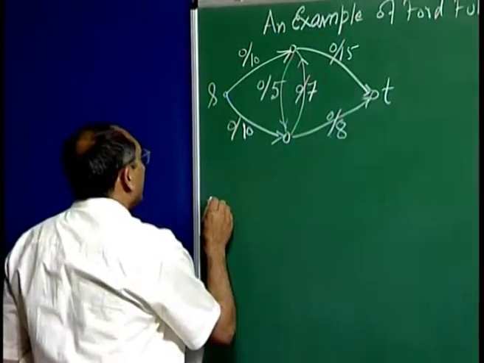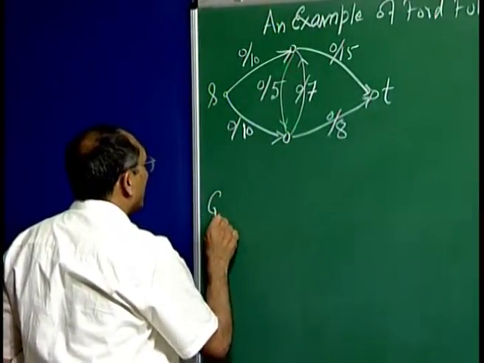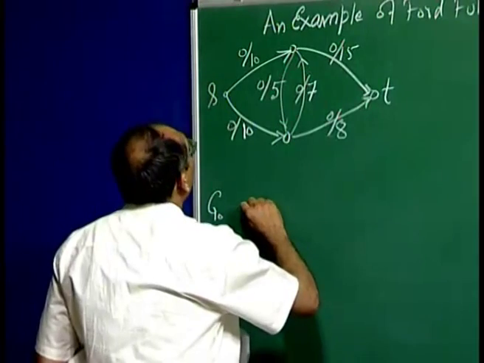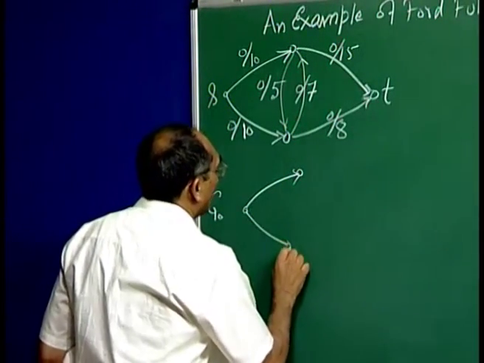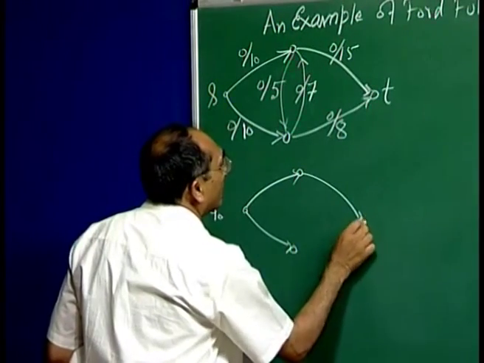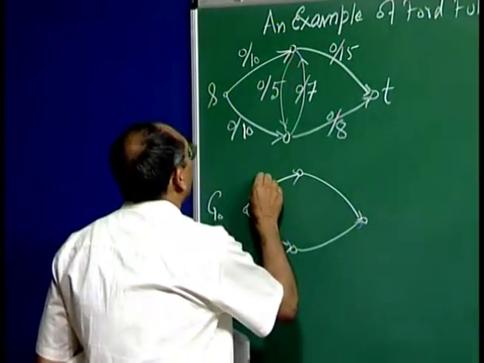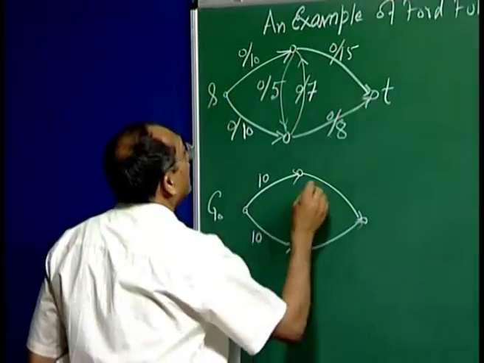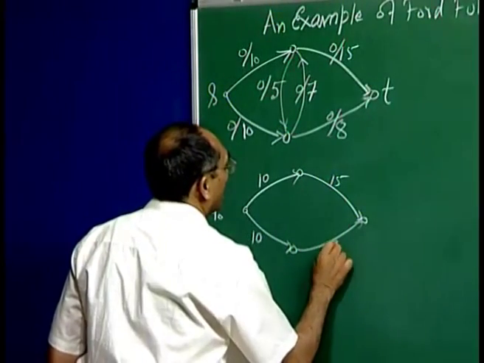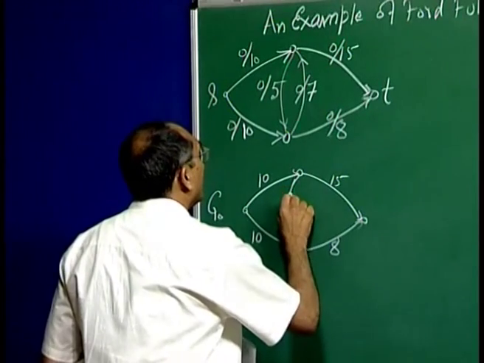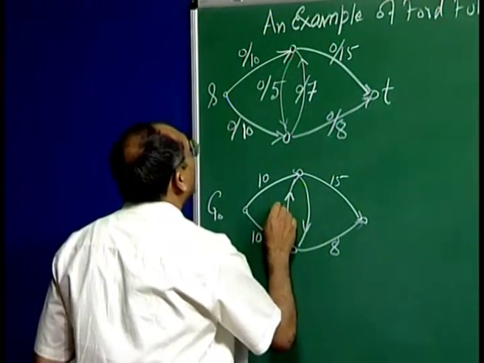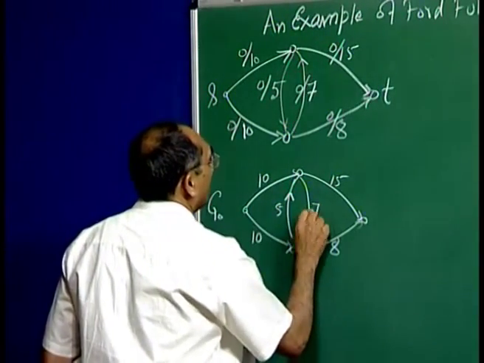So let us say the residual graph G naught is, we have this.